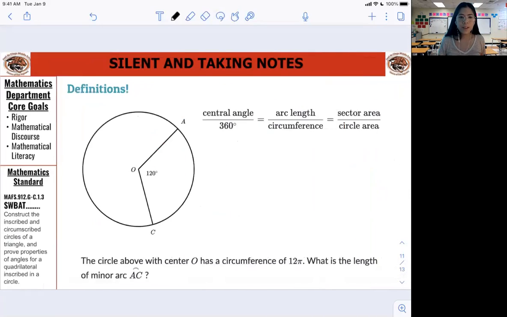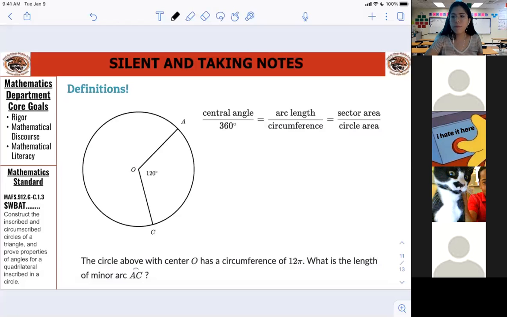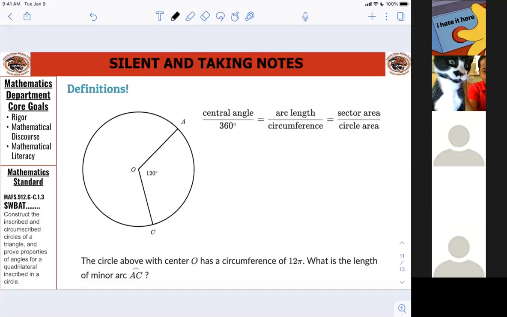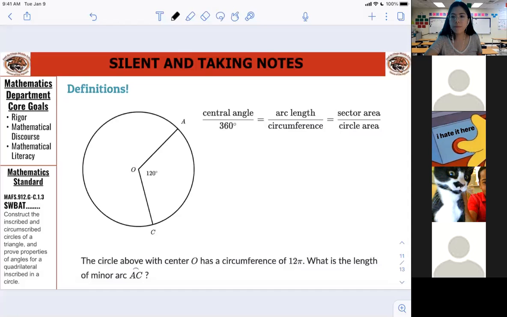Okay, here's another one. I want you guys to try this one on your own. Take a moment, set up the proportion, and see if you can calculate it on your own. If this was a triangle, it would be easier.